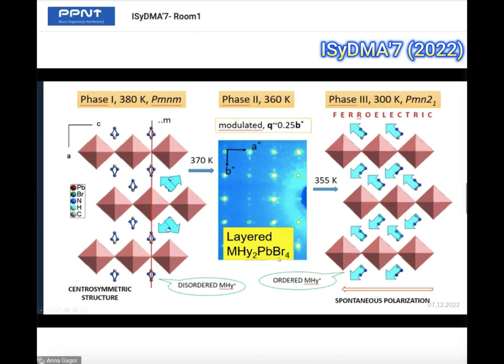It's lead bromide, which has a layer structure, and it's also very interesting because we have a new material which has phase transitions, and what's even more important, has a ferroelectric polar arrangement of cations at room temperature and features ferroelectric properties.